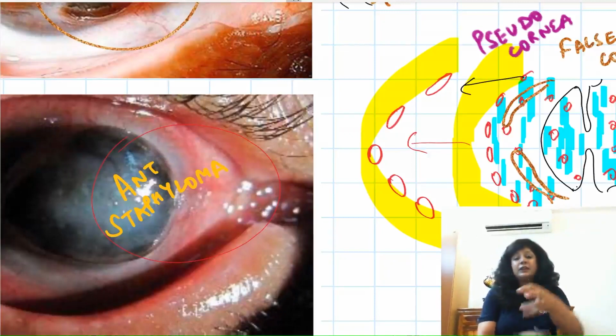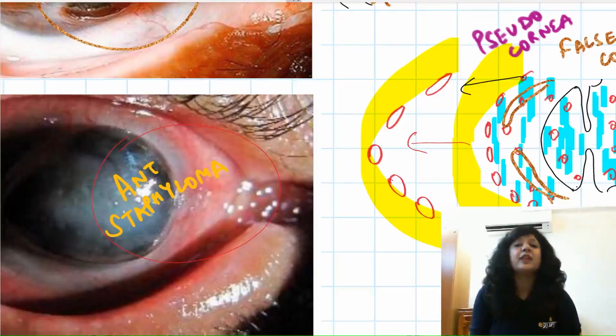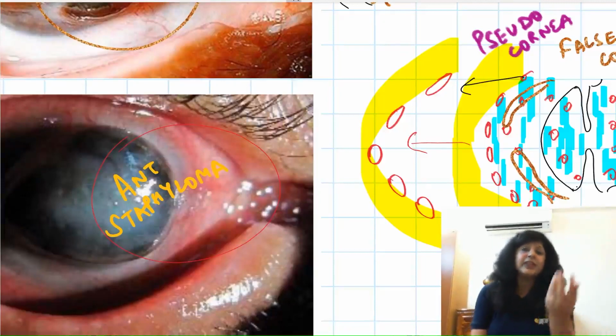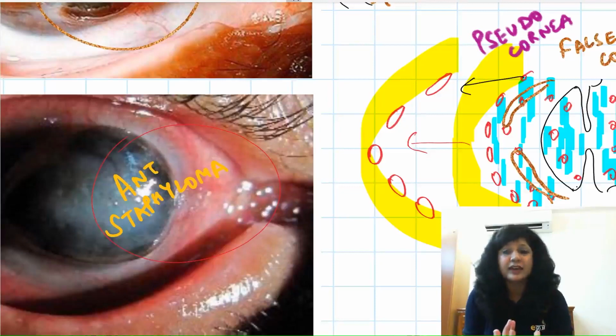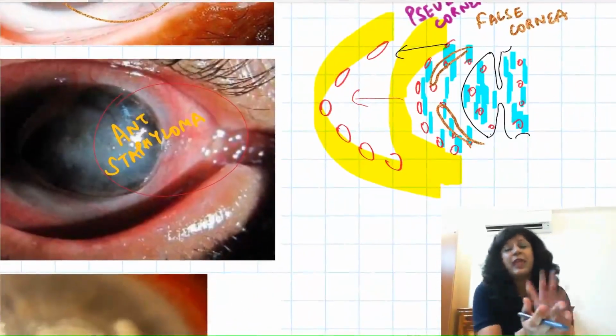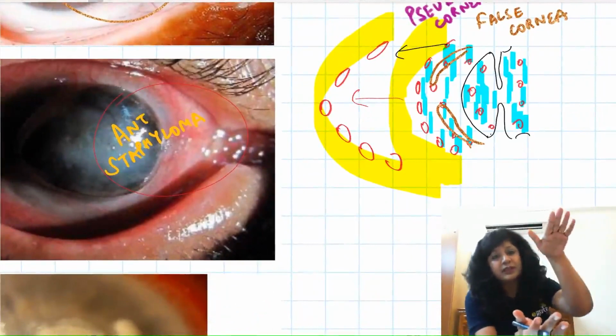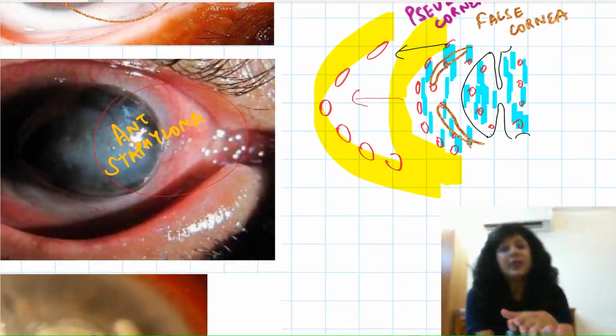Similarly, we can have ciliary staphyloma if it is in the area of the ciliary body, and intercalary staphyloma if it is taking place at the root of the iris. But most of the time they ask about anterior and posterior staphyloma. Anterior, bunch of grapes appearance, is in perforation of the cornea, and posterior staphyloma you get in high myopia.